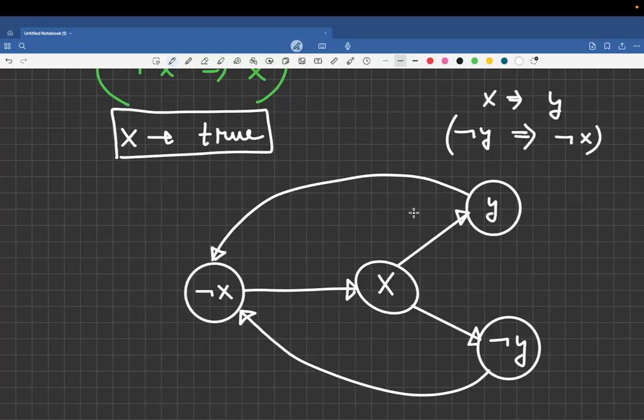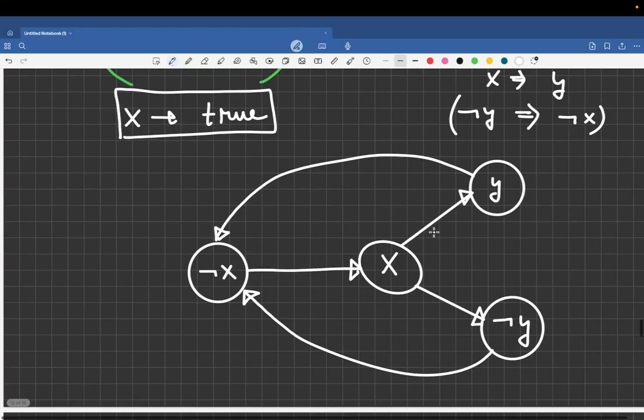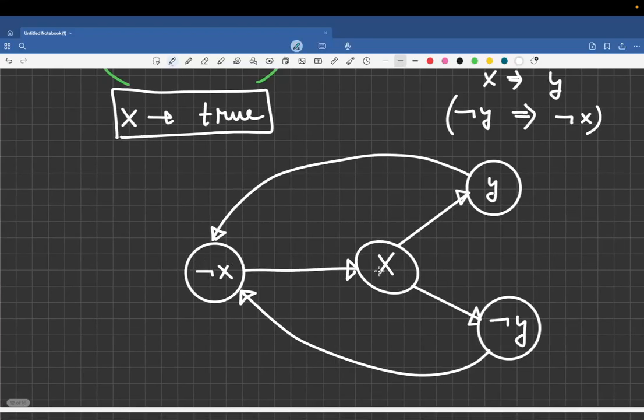And if this is the case, then not x and x will be part of the same strongly connected component, which can't be true. So basically what I want to say here is that if x is reachable from not x, then there cannot exist any variable y such that both y and not y are reachable, and not x is reachable from both y and not y.